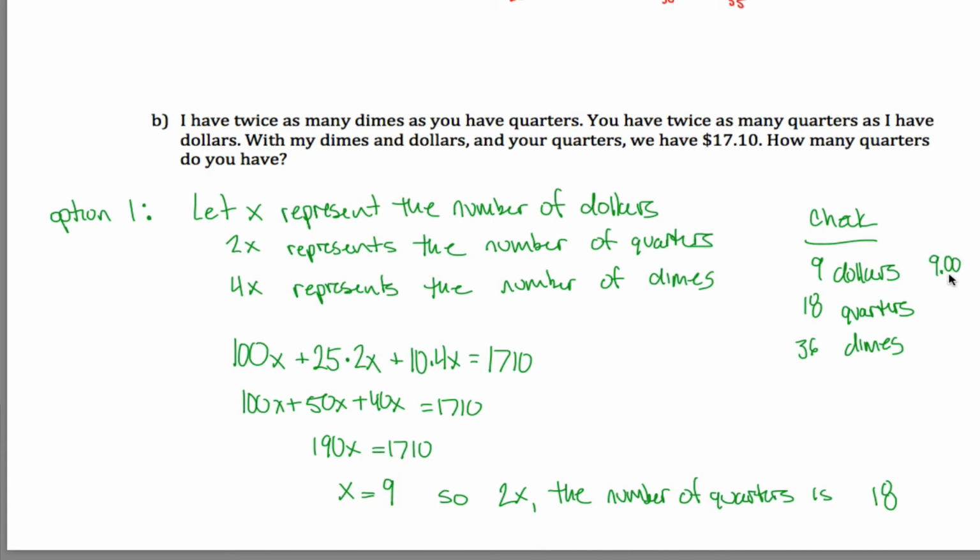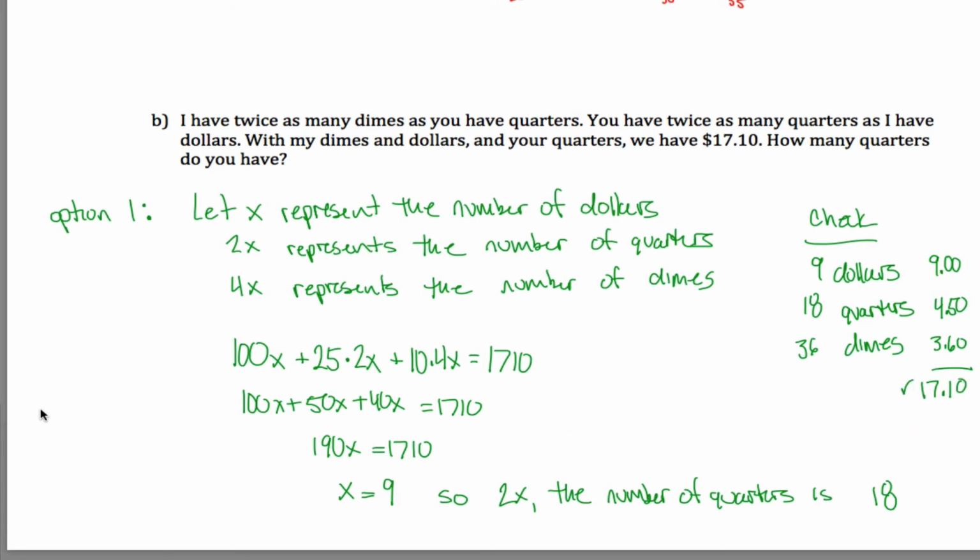Well, $9 is worth $9. 18 quarters is what, $4.50? Because 20 quarters would be $5. And 36 dimes, that's $3.60. And if I add those all up, I get $17.10, which is what I was supposed to get. So nice little check built in here.